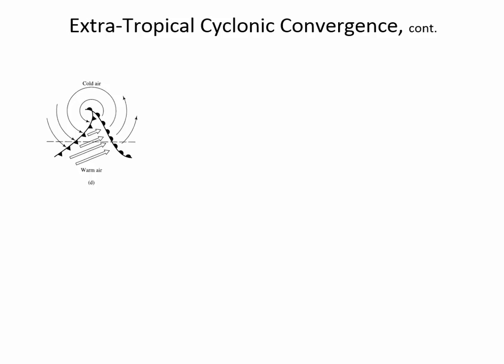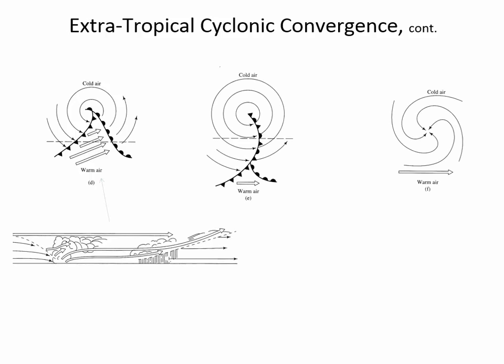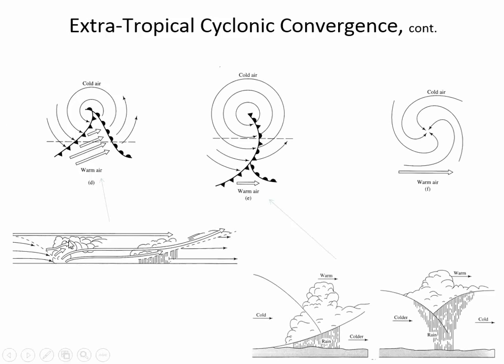If we look at a side view, you'll end up having warm air pushed up above cool air. And the warm air, as it rises, is forced to cool off, and the warm air was very moist. So a bunch of moist warm air is forced up into the atmosphere, and when it is forced upward, it cools off.